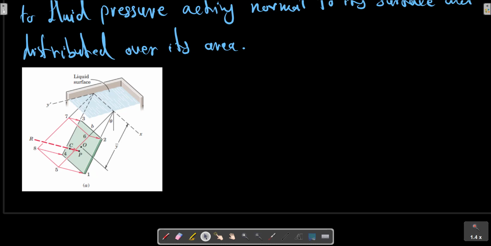This figure shows such a plate 1, 2, 3, 4, the green plate here, with its top edge horizontal and with the plane of the plate making an arbitrary angle theta with the vertical plane, as shown in this picture.